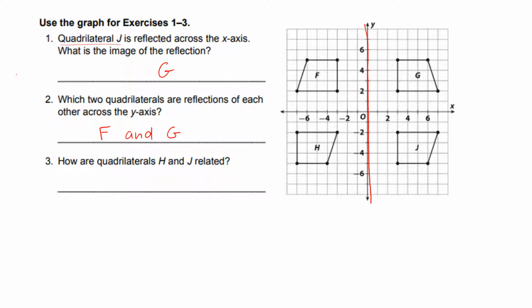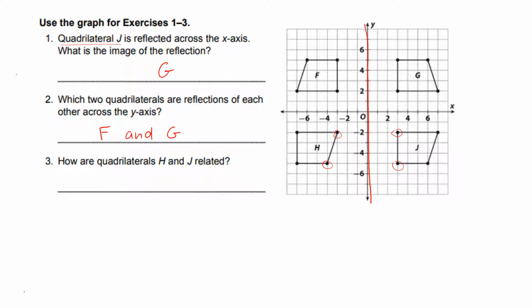They don't look like a mirror image of each other. If I look at this point, it's 1, 2, 3 spaces away from the y-axis, and this is 1, 2, 3 spaces away. Great. This is 4 spaces away from the y-axis, but this is still only 3. So right there it broke.